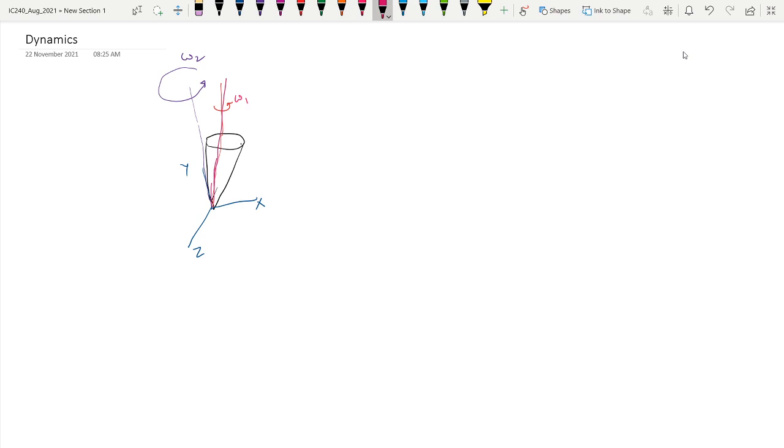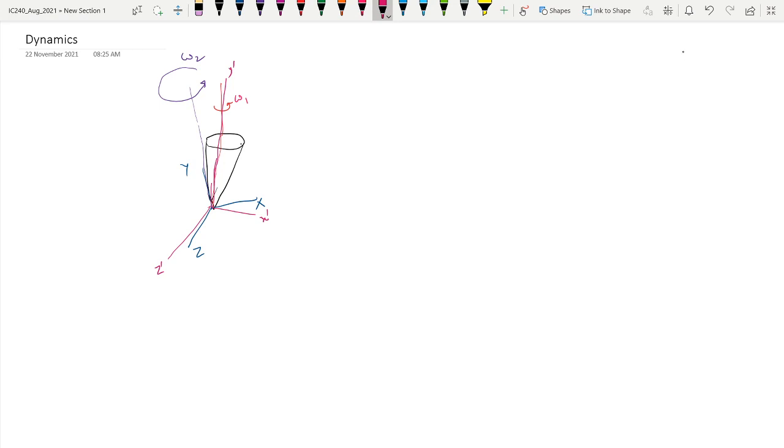One of the axes is going to be the same, and this rotating frame is, let's say, x, y, z, or you can put a prime, x prime, y prime, z prime. So now we will choose one of the axes coincident with this, which is also going to rotate. And now about this x prime, y prime, z prime axis, the inertia terms of this top will remain the same, right?